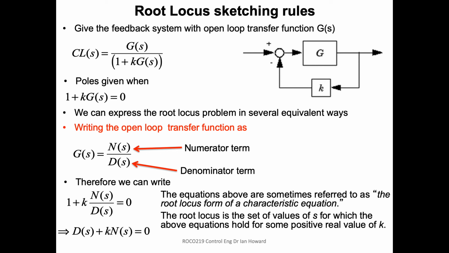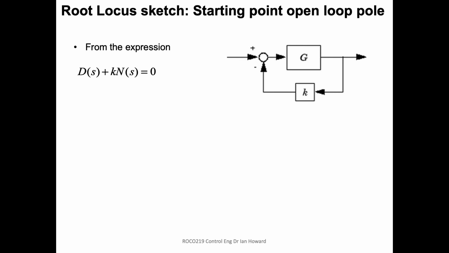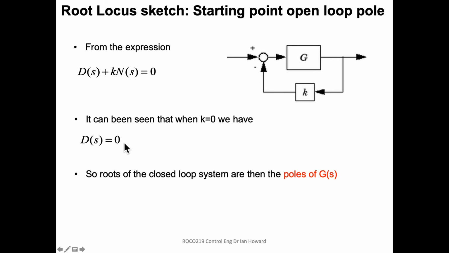And again, this will then hold for some real values of K. So what we can say is, looking at this expression, when K equals 0, so when the feedback gain is 0, we have poles when D(s) equals 0. So in other words, and it's not that surprising when you think about it, the closed loop system poles are the poles of basically G(s) when the gain is 0.